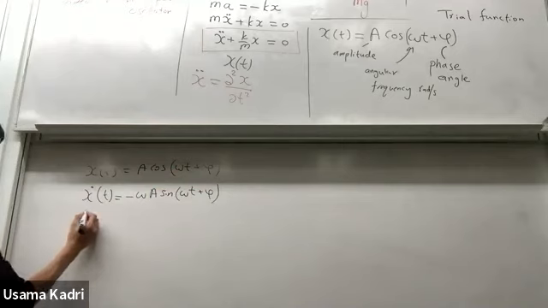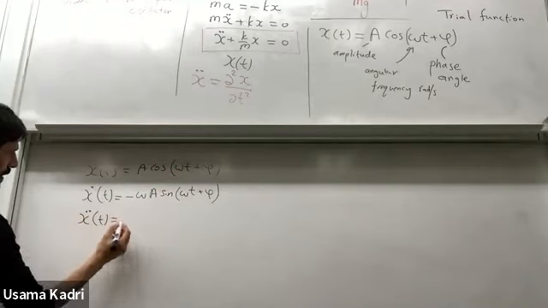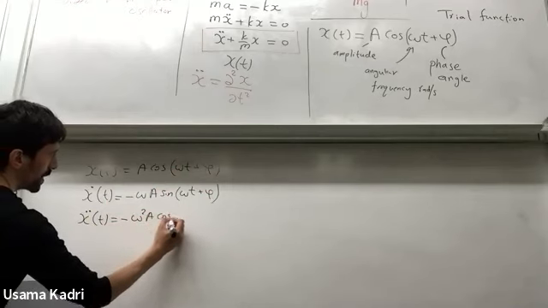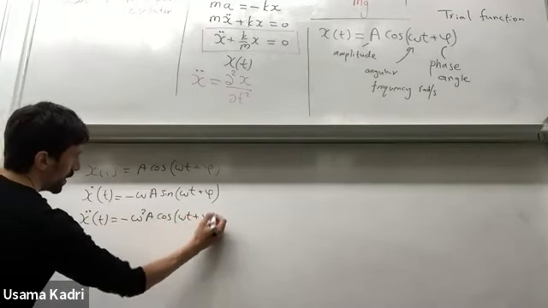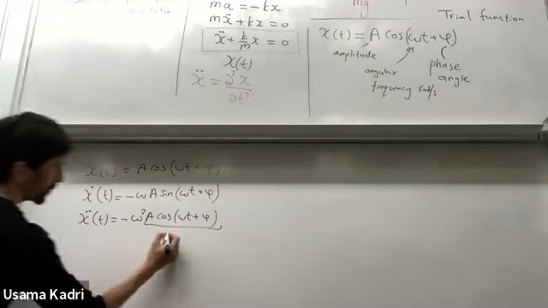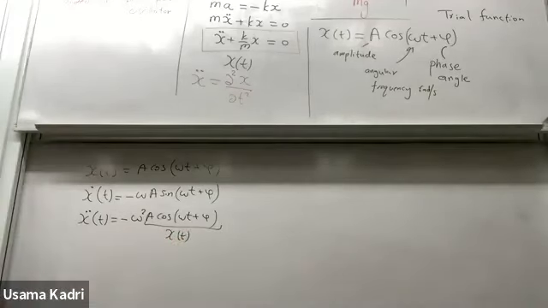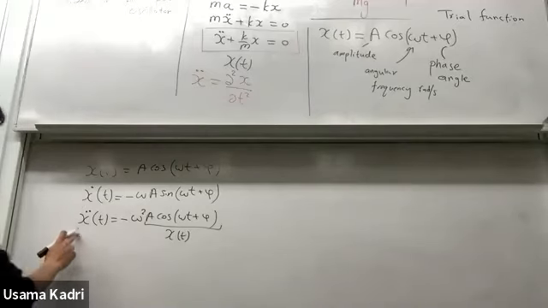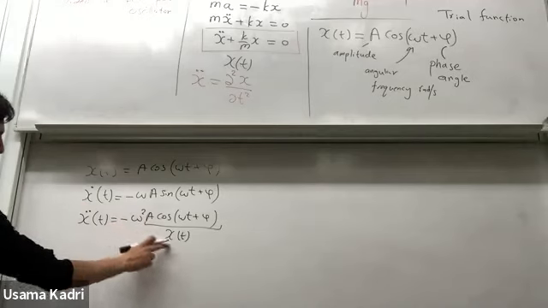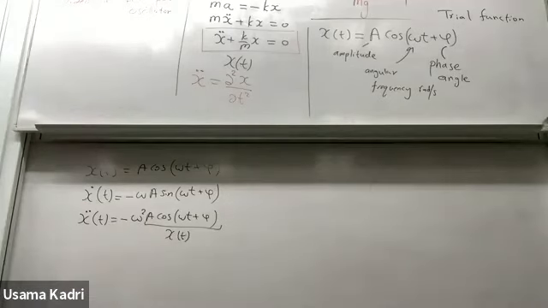And then the second derivative is minus omega squared A cosine omega t plus phi. But what is this? This is x of t. So x double dot, the second derivative in time, would be minus omega squared times x of t.